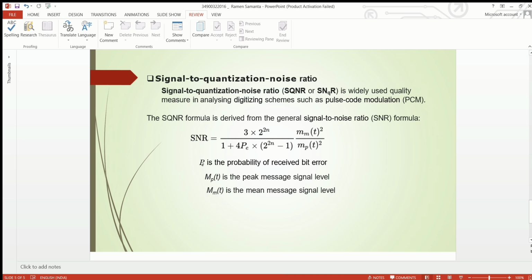The SQNR formula is derived from the general signal to noise ratio SNR formula. You can see where Pe is the probability of receiver bit error, mp is the peak message signal level, and mm is the mean message signal level. Thank you.